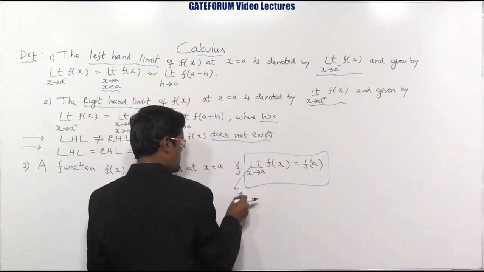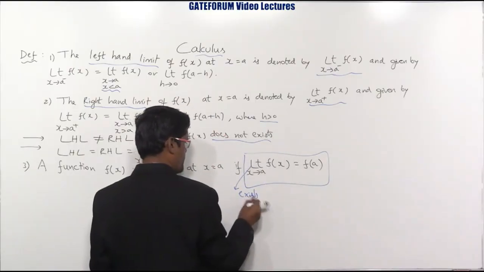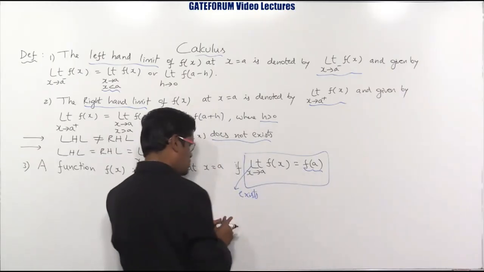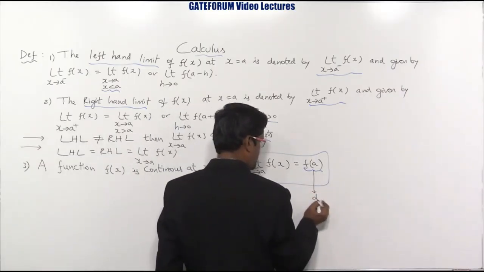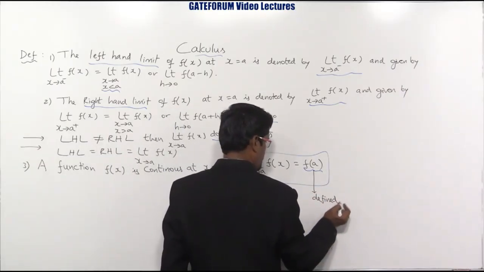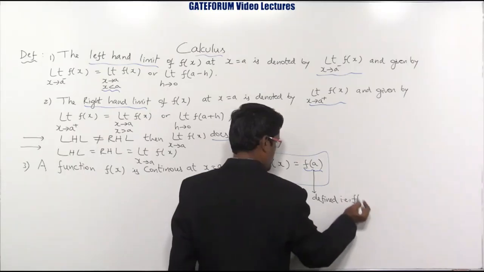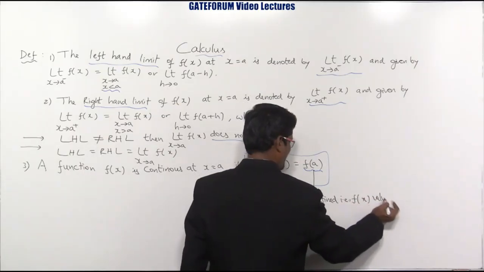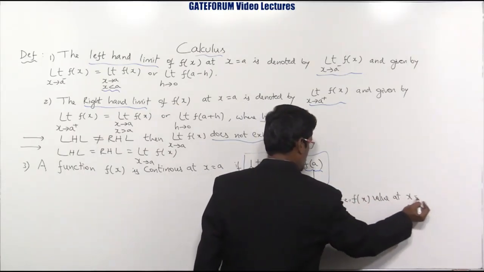So this limit must exist, and f of a should be defined. That is, f of x value at x is equal to a.